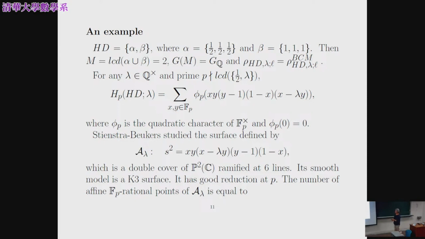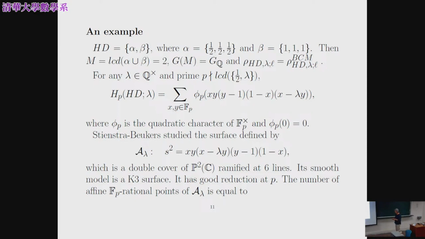Okay. So this surface is a double cover of P2 over C, and its smooth model is a K3 surface. It has good reduction at P for this P which doesn't divide 2 and the denominator of lambda.